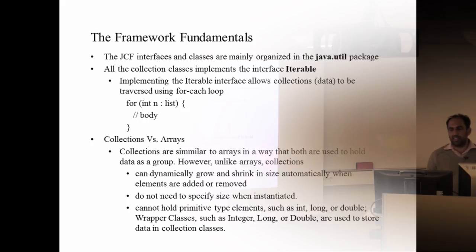And as I told you earlier, all these sub-interfaces need to be subtypes of the interface Iterable. So if it's an interface, you need to extend Iterable, and if you are implementing a class, you need to implement this interface, and it allows you to use the iterator methods and also the for-each loop.